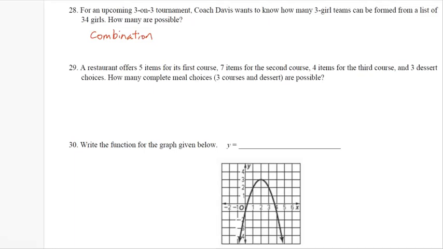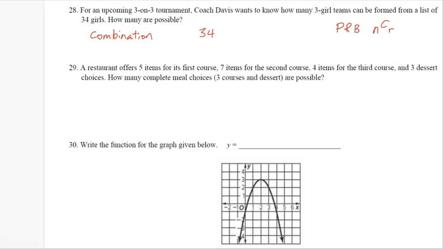So you'll go to your calculator and you'll type 34 because that's the total number of girls we have to choose from. Then you'll go under PRB, so these are your steps. Find the PRB button on your calculator, and then in that submenu, you're looking for nCr. When you keyed in the 34, you keyed in the n number.